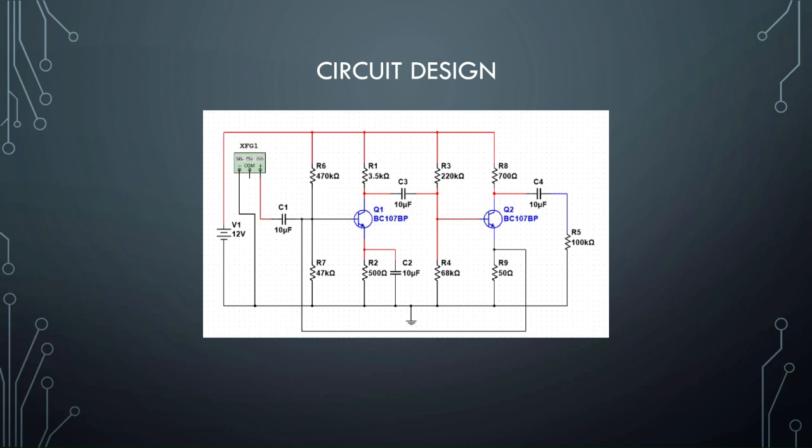This is the circuit design. For the transistors, using the cascade method, which is placed horizontally. Transistor biasing.